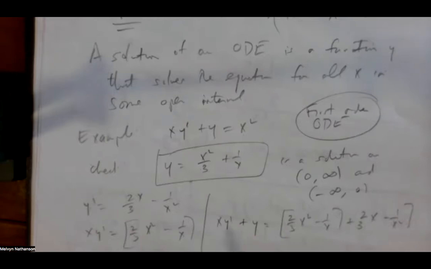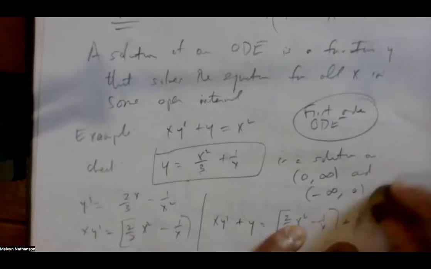Let's see, what do we get? So we have the differential equation x y prime plus y equals x squared. And I claim that x squared over 3 plus 1 over x is a solution. So x y prime is 2/3 x squared minus 1 over x plus y. Oh, y, sorry. I should always write things down correctly.